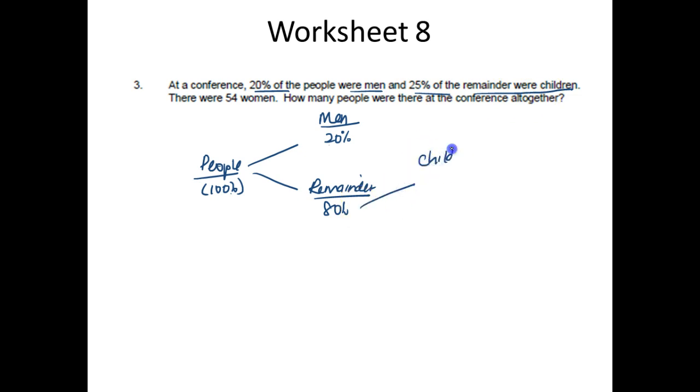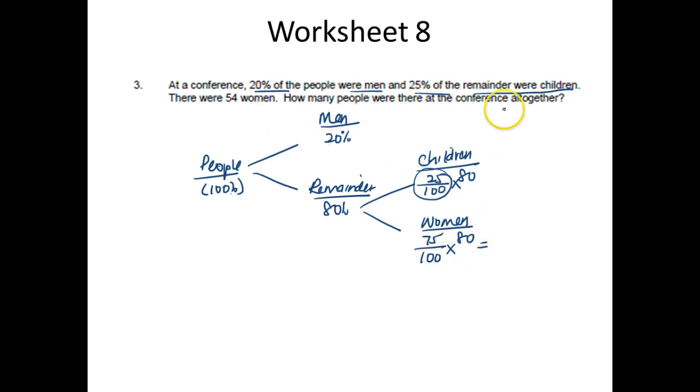So children is 25% of 80%, and the rest will be women. Women is 75%, so this will be 75% times 80%.